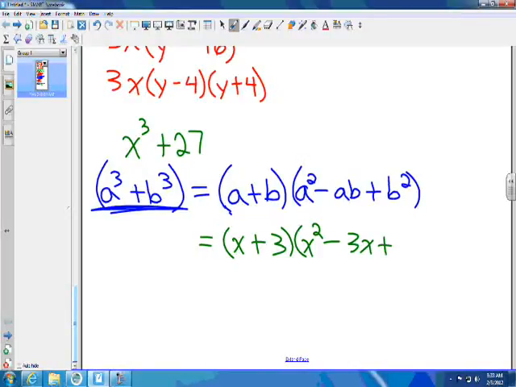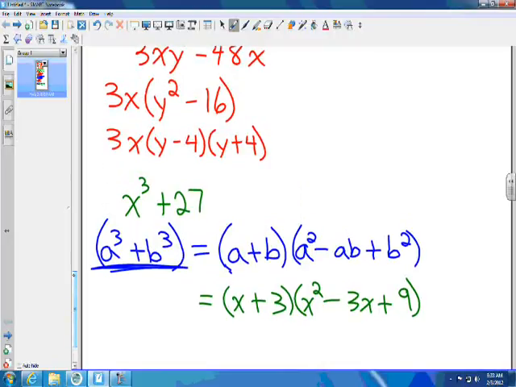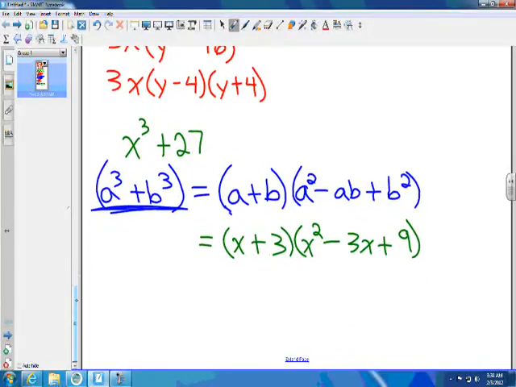And then plus, and you square this last term. And that would give you 9. So that's how you split up the sum or difference of cubes. Here was the difference of squares problem. Those are obviously easier. You just do the square root of both, y minus 4 and y plus 4. If you have a sum or difference of cubes, this is what your answer will end up looking like.